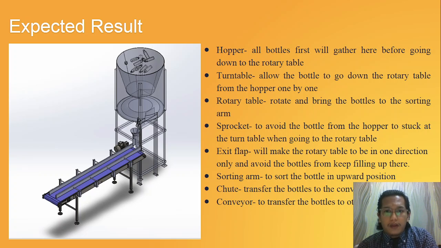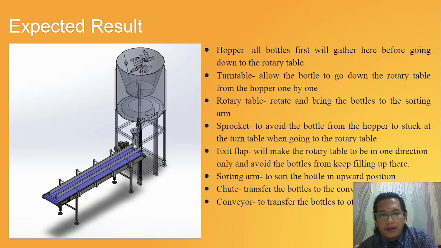First of all, we got the hopper, which is to hold the bottle supply before it goes down to the rotary table, and then at the rotary table, the turntable, it will rotate so that the bottle will fall down one by one from the hopper, and then when the bottle falls down to the rotary table, it will rotate and bring the bottles to the sorting arm, and then it will reach the sprocket, which is to avoid the bottle from the hopper getting stuck at the turntable when going to the rotary table.